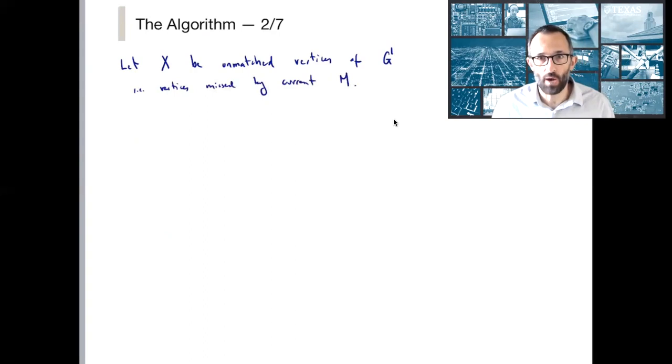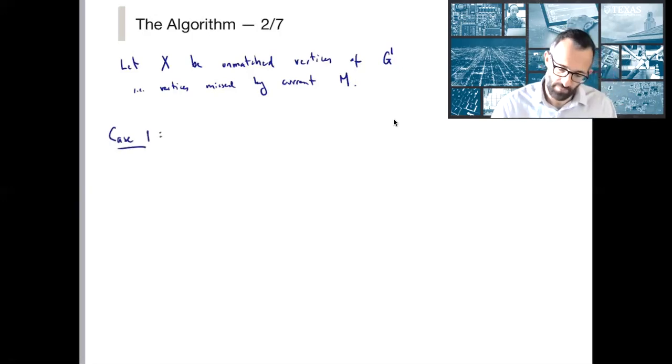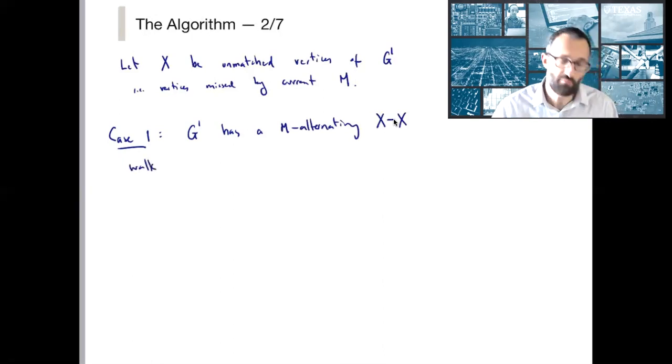Okay, so what are the possible things that could happen as we build an M alternating tree? Case one is that G prime has an M alternating walk that starts and ends in X. So an M alternating X to X walk of positive length.